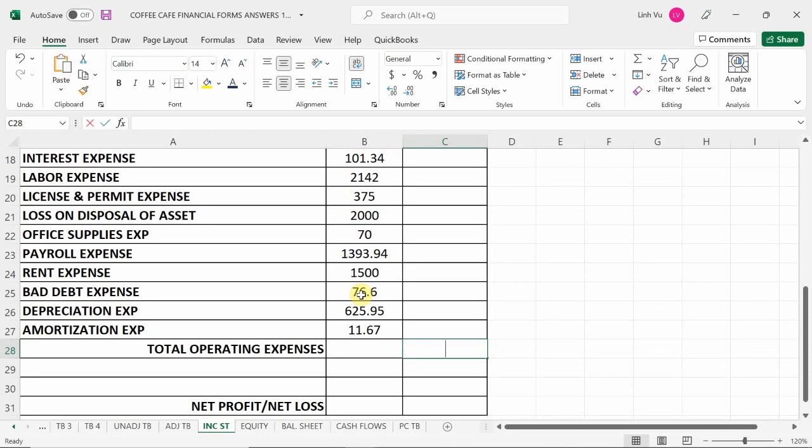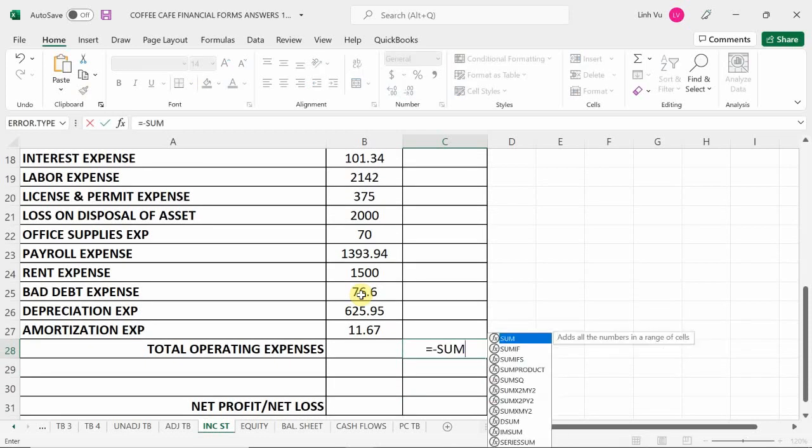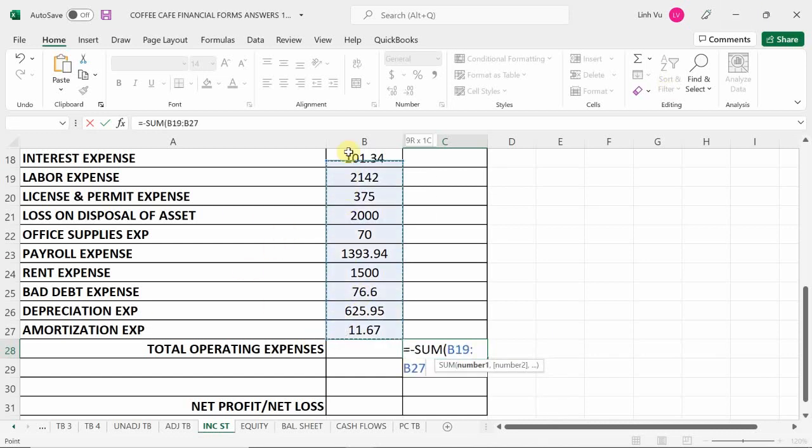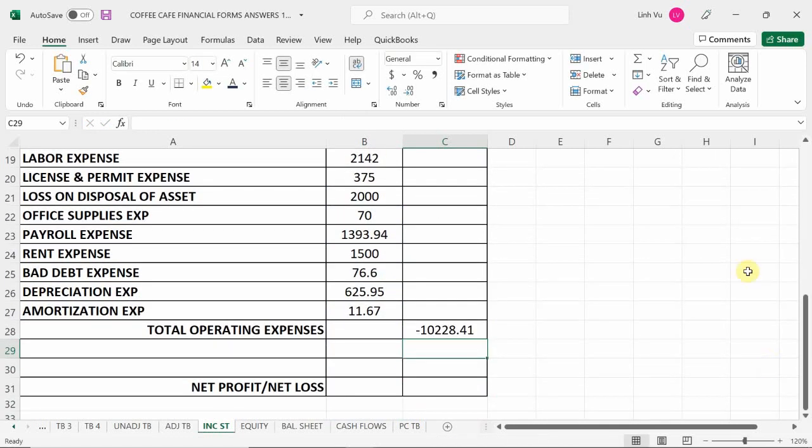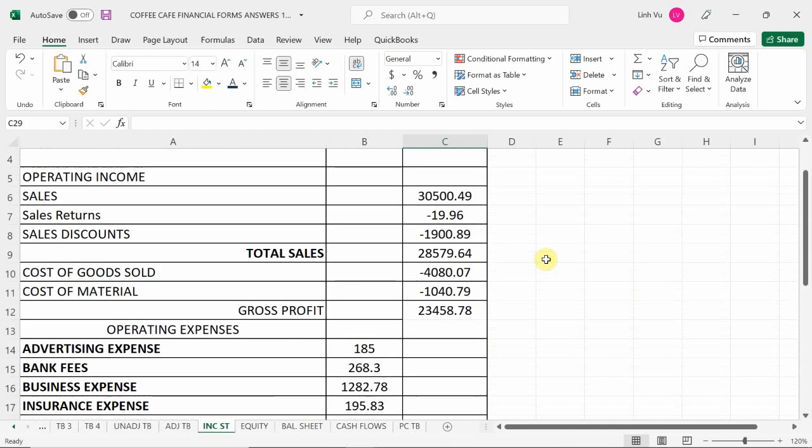So equal negative sum of all of these operating expenses. And I get a total of negative 10,288.41.